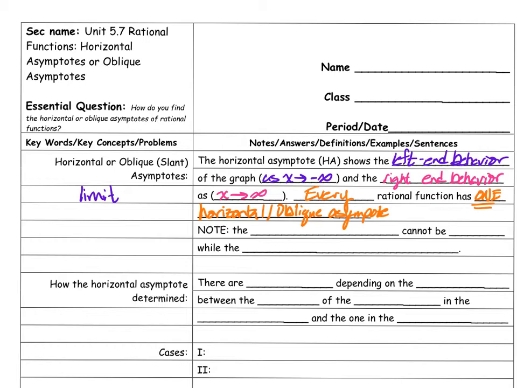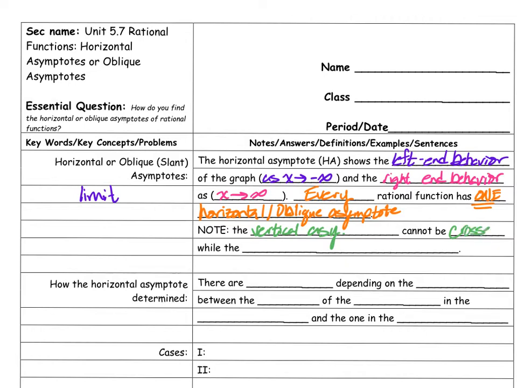And I spelled it wrong. Okay. So note the vertical asymptote cannot be crossed.